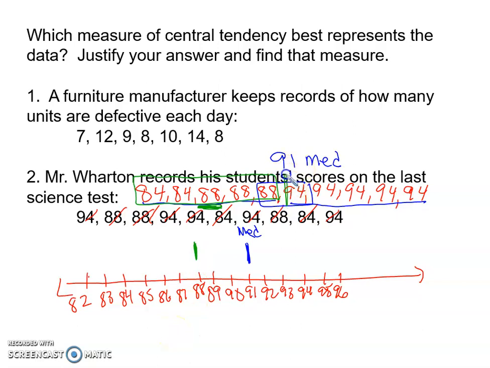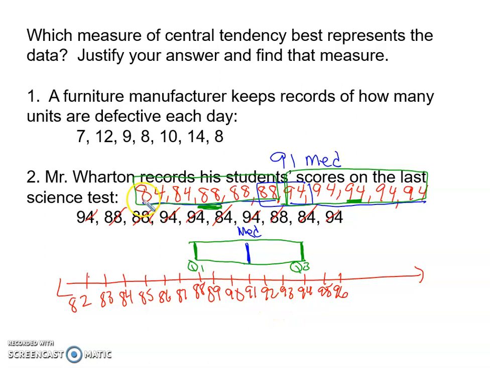Then let's look at this set of data, the upper end, and that middle number is 94. Okay, so I've created my box. It's quartile 1, the median of the low end, your median, which is technically quartile 2, and then your quartile 3, which is the median of the upper end.